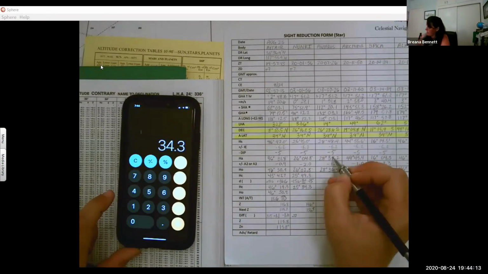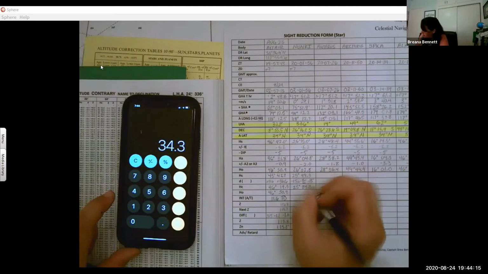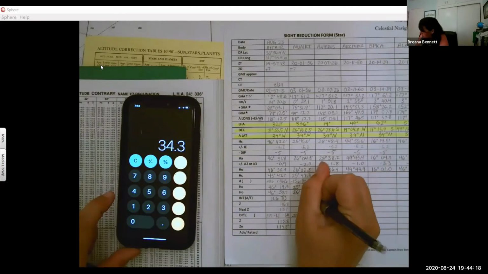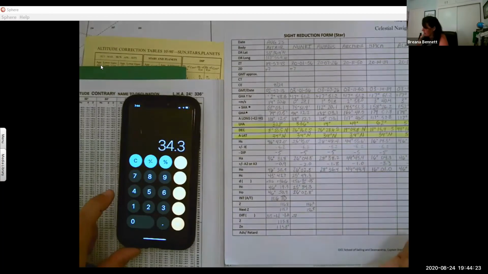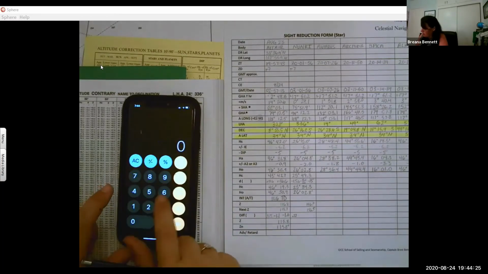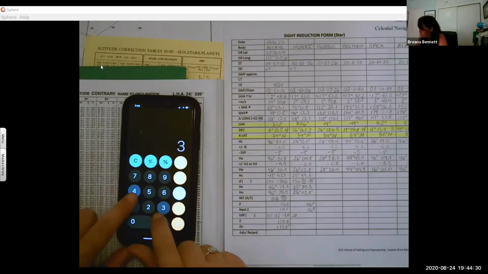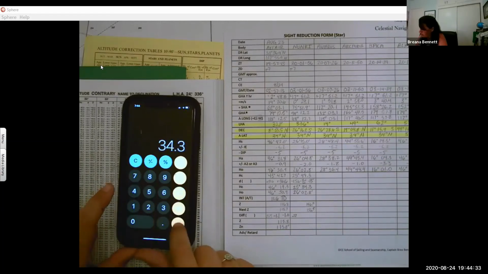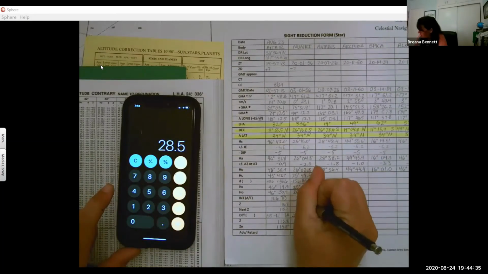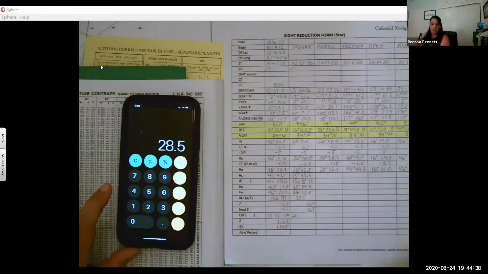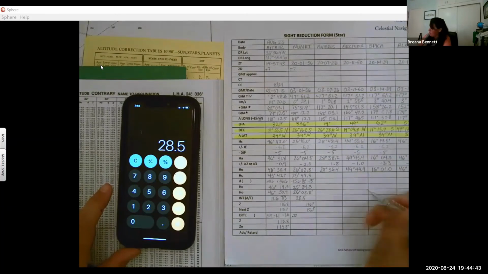Then I move down my HO, which is 26 02.8. And I'm going to do 62.8 minus 34.3. And I get 28.5. Away or towards? Towards. Excellent.